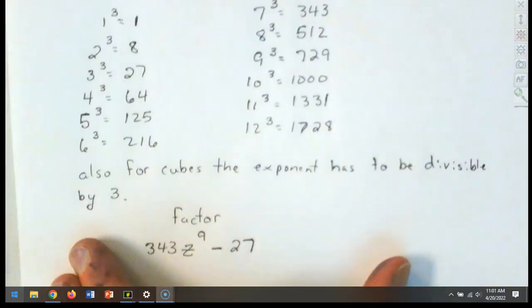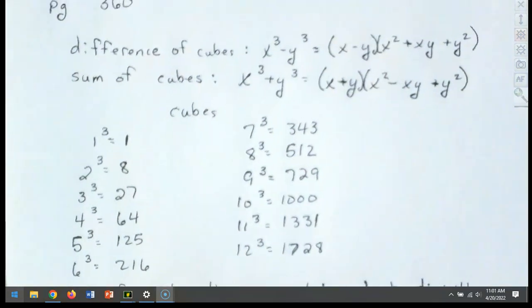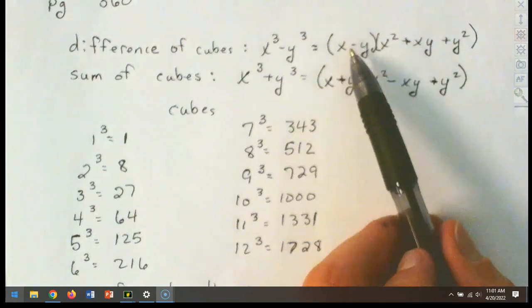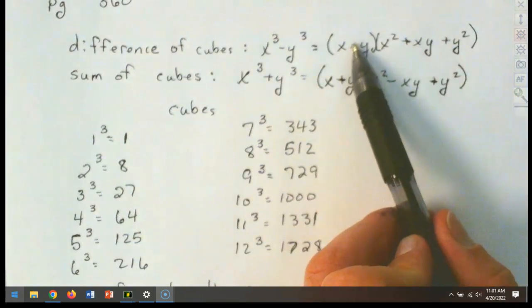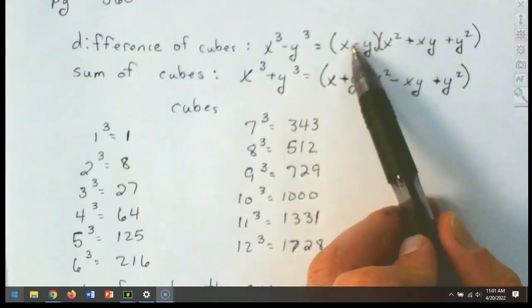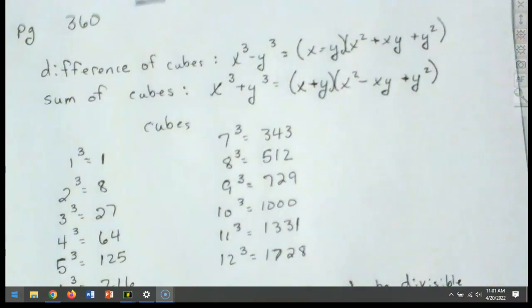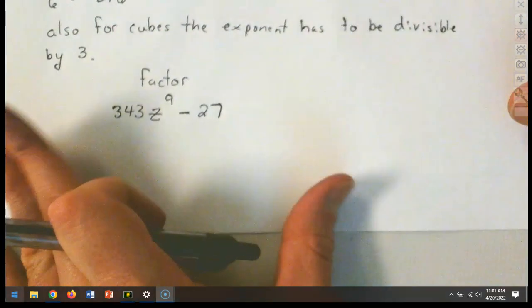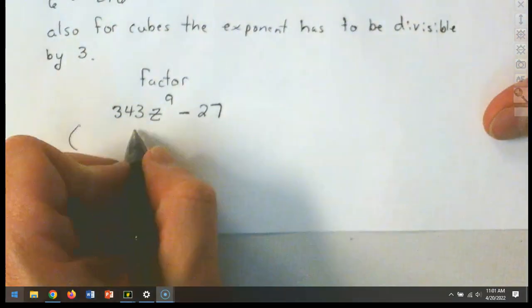Now let's go back up and look at our signs for our difference of cubes. Here's how they go. They go minus, plus, plus. For a difference, it's minus, plus, plus. So we're going to do the same process that we did earlier.